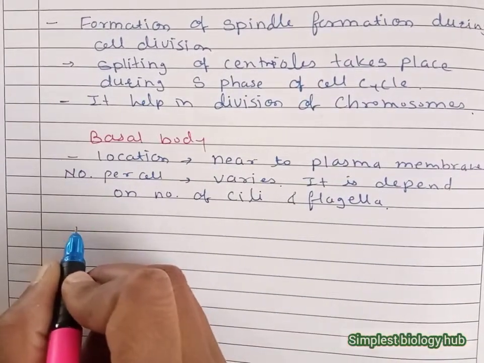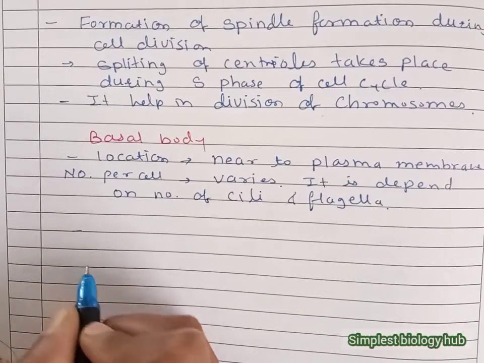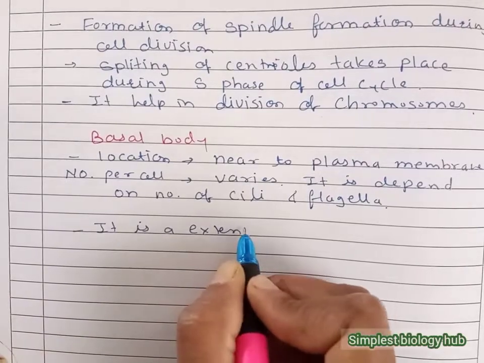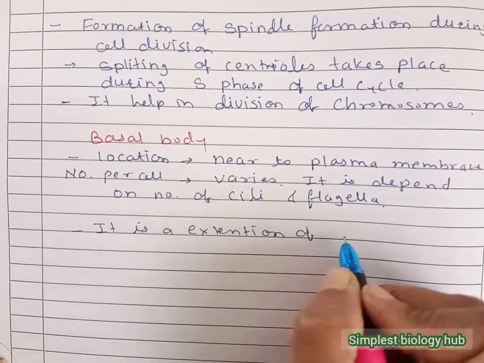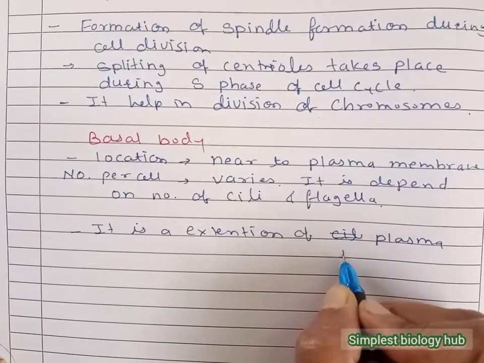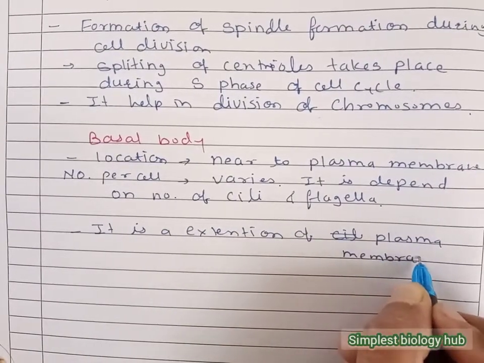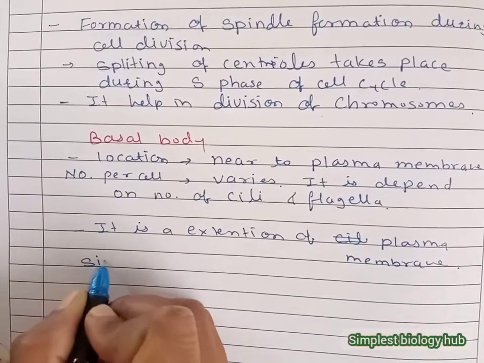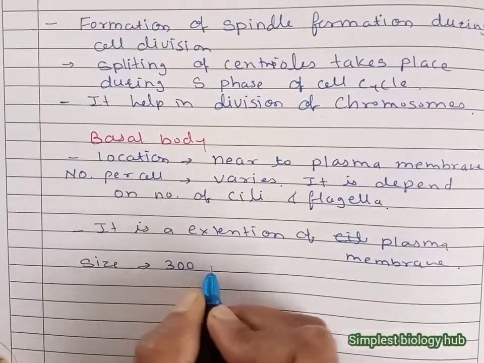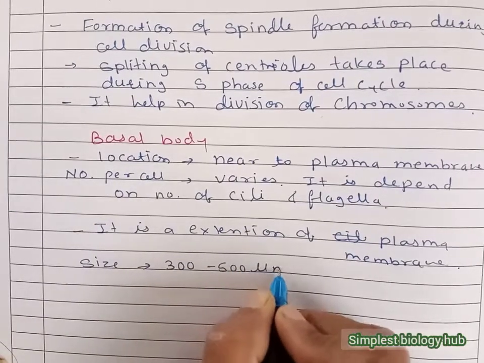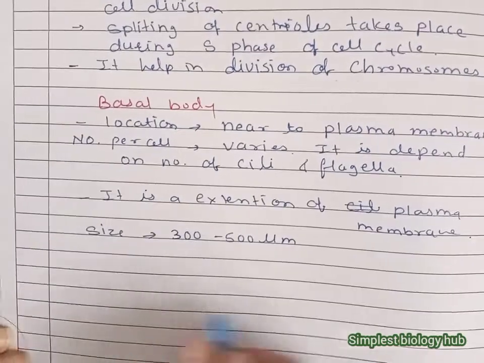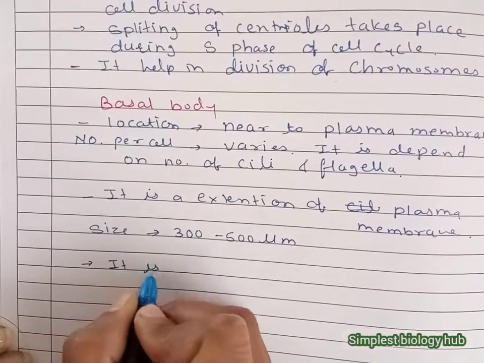Basal body's number depends on that. Then we called it an extension of plasma membrane. Size of the basal body is a little bit more than the centrioles, and this is about 300 to 500 micrometer, and it is also made up of protein like a centriole.